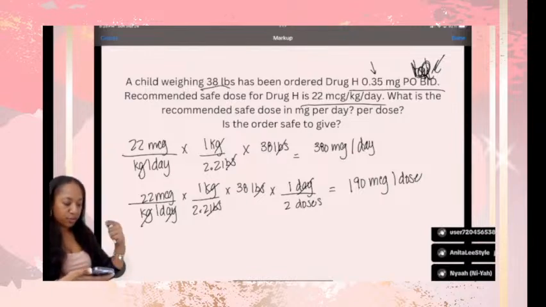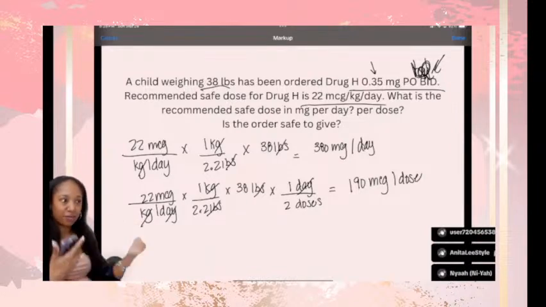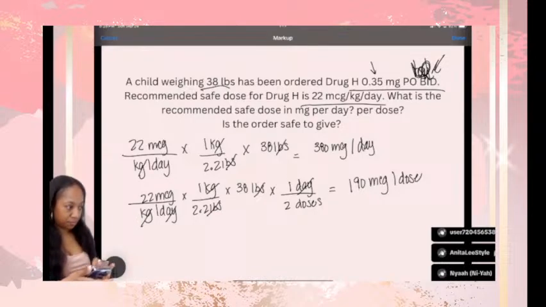Y'all let me know in the comments below if you think that this order is safe or not safe. Is it safe?